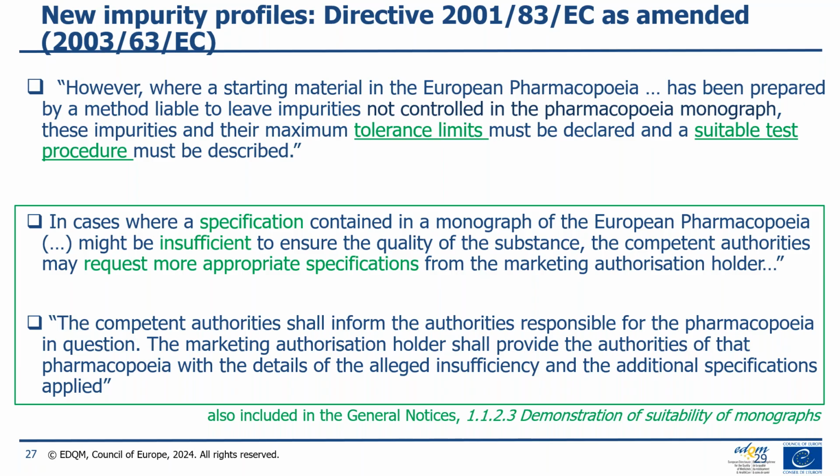In any case, competent authorities will inform the pharmacopoeia, and the marketing authorization holder shall provide to the authorities, but also to pharmacopoeias, data and samples. This will also allow us to update our monographs. This part is included in the general notices.